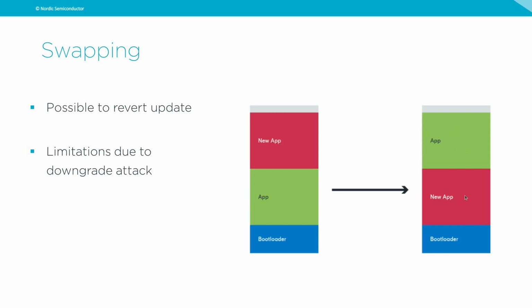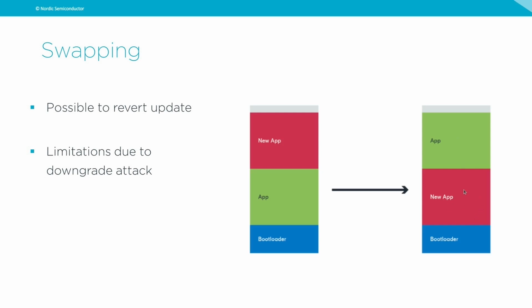And the reason you do this is that it gives you one boot cycle where it runs the new application, and in that boot cycle you can test it. If it crashes, then the device will automatically restart, as it usually does on faults, and it should do on faults. And since nothing new happened, it will swap back into the previous one.